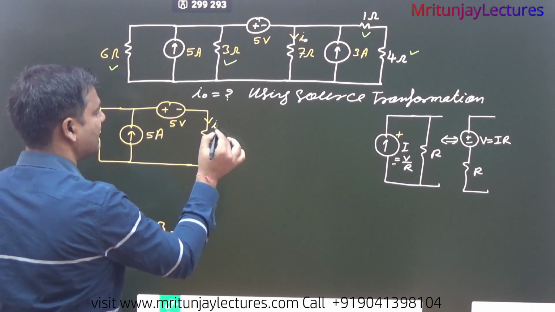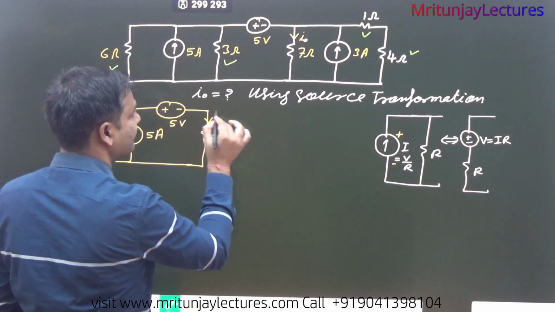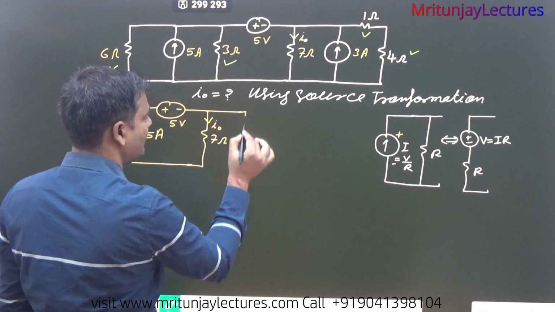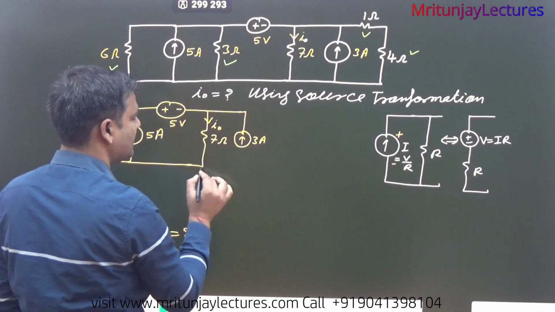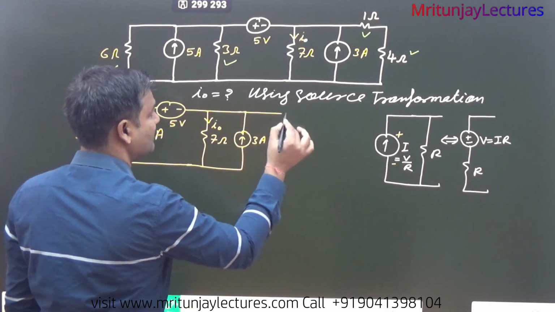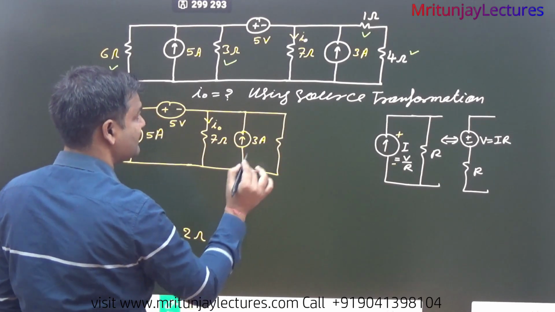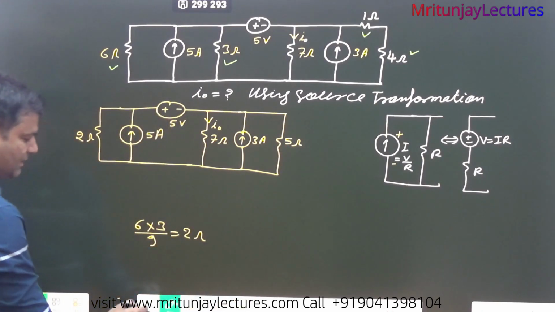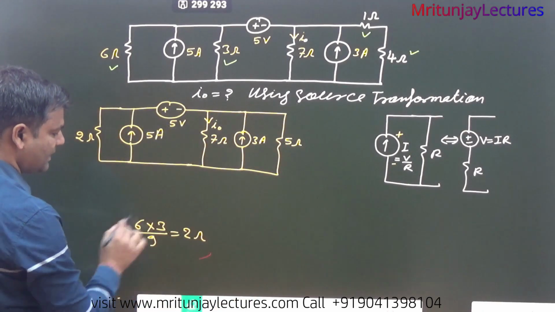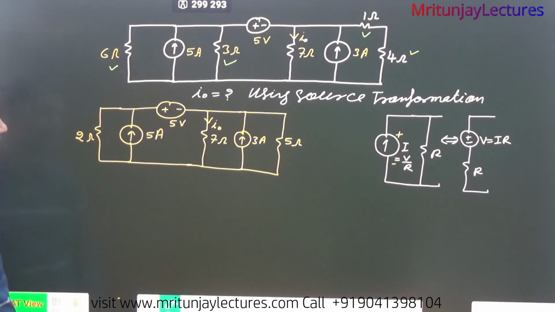And what about the current I naught in this circuit? And what about that current, that is how much, 3 ampere? And what about the resistance in this circuit, that is 5 ohm. Clear or not?